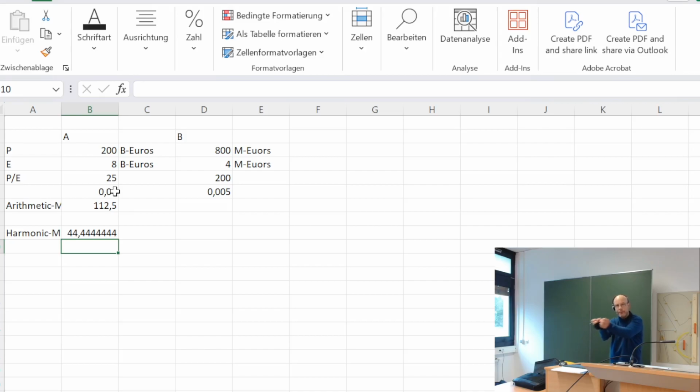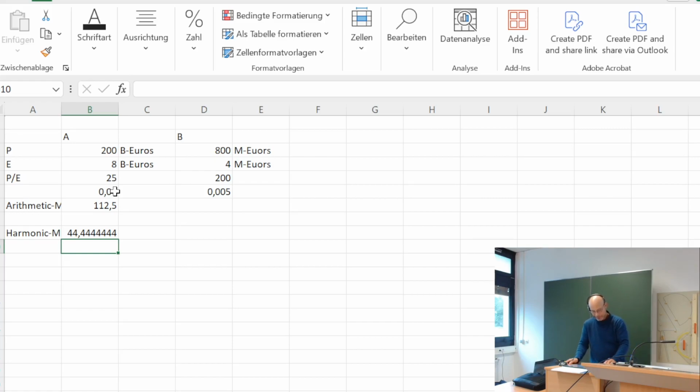And then you see, of course, your index is moving much more in the direction of this larger company. As it should be. If you have an investment with one really large company and one small company, then the average should be in the neighborhood of your large partner.